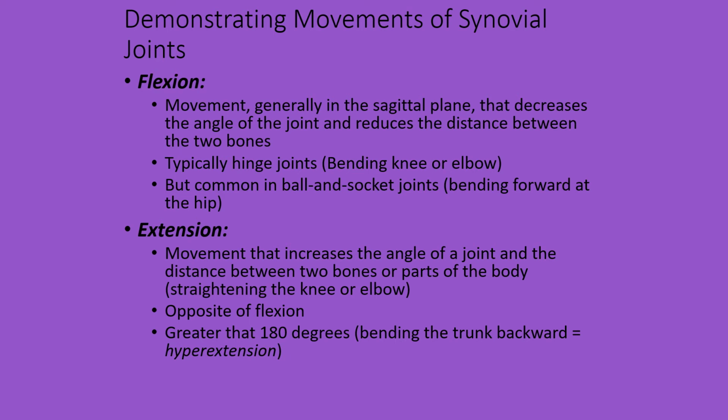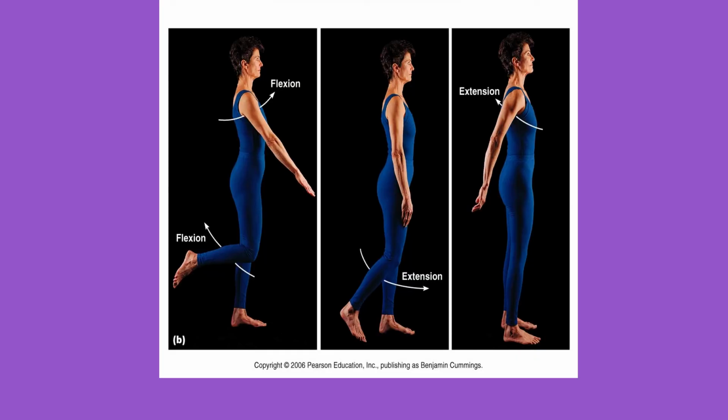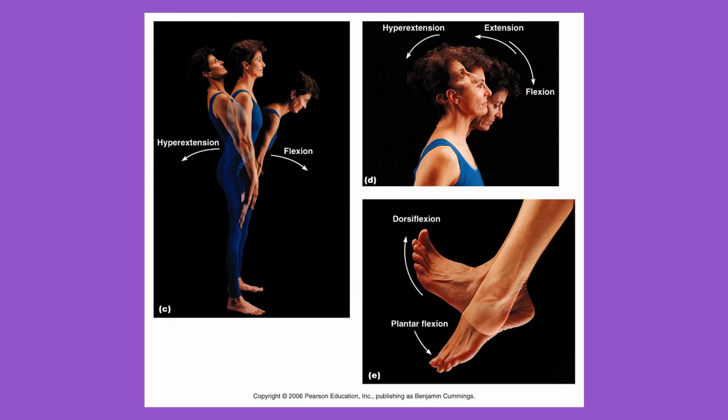So that's what I'm saying. The movements are usually paired together. One is opposite of the other. So there are the definitions here, and then there are pictures to help you visualize what these movements are. Once again, flexion, bending the knee, extension is going to be the reverse, straightening it back out.